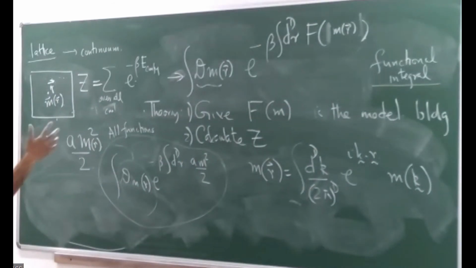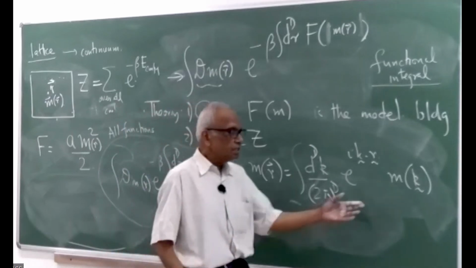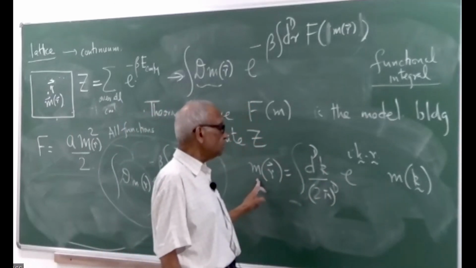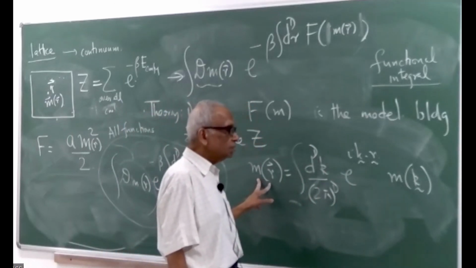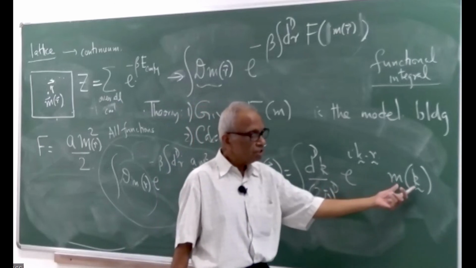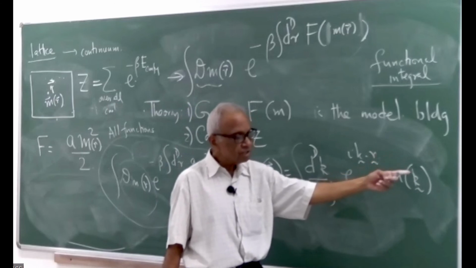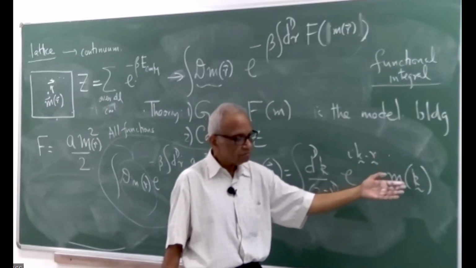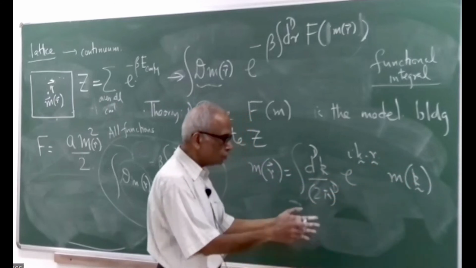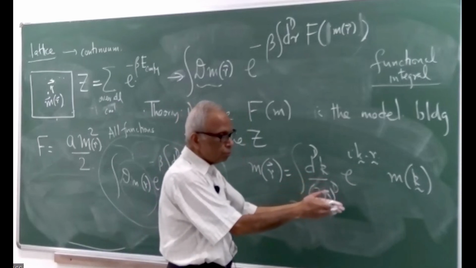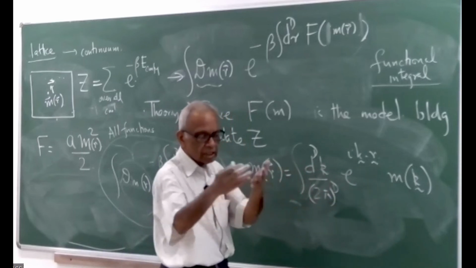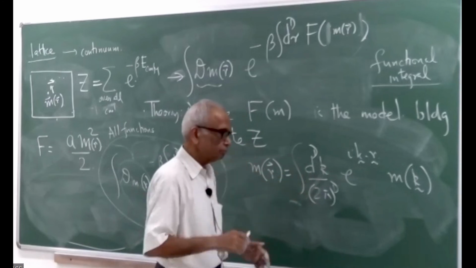For a particular m of r, you will get a particular function m of k. So m of k is going to have a set of values: k equal to 10 has some value, k equal to minus 10 has some value.